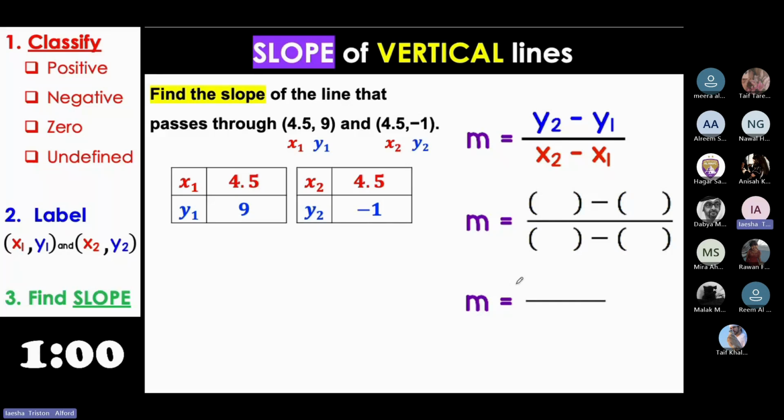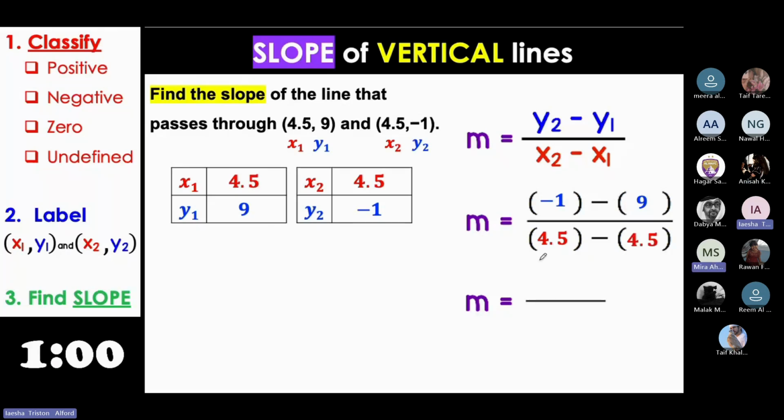Y2 this time, negative 1. Y1, positive 9. X2, positive 4.5. X1, positive 4.5.